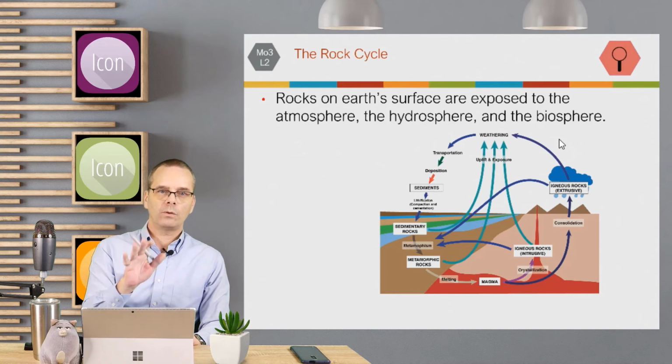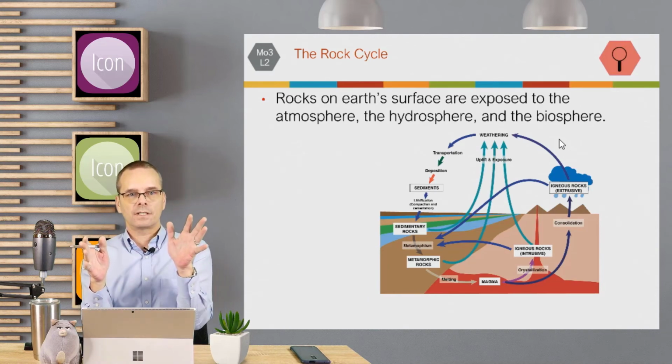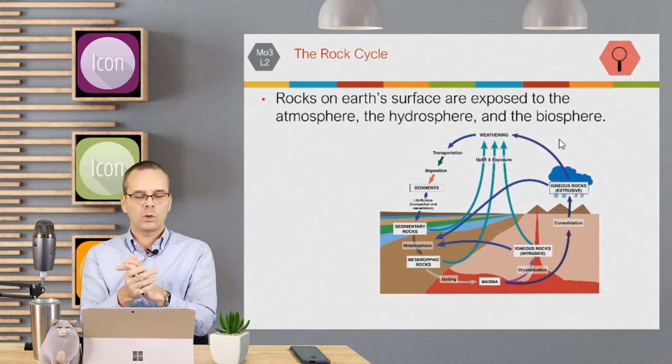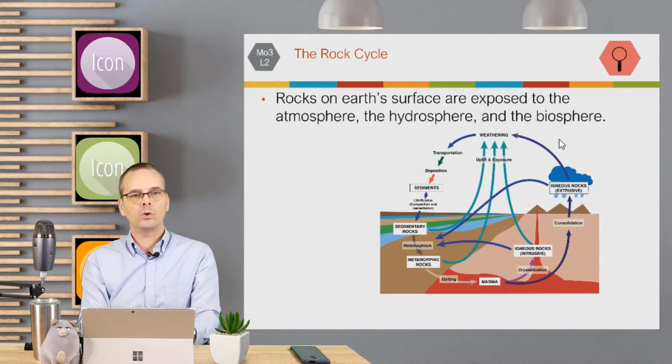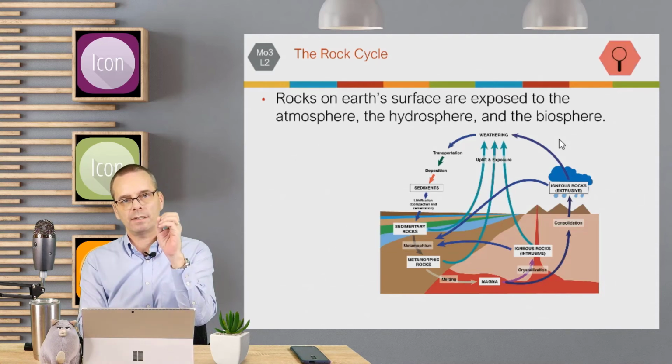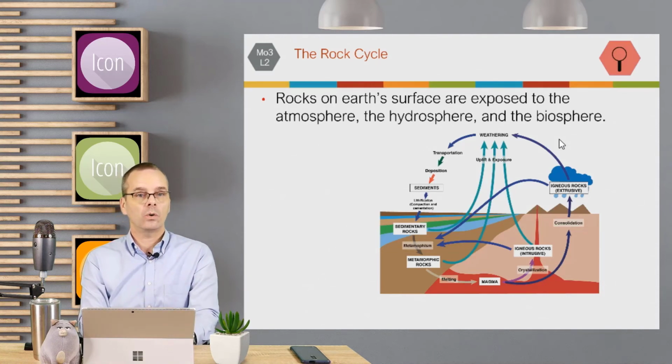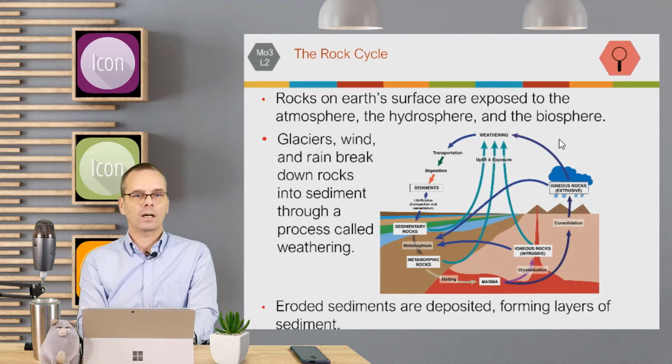Now, remember that once that rock hits the Earth's surface, it can be exposed to the atmosphere, the hydrosphere, and the biosphere, and it starts to break down. It starts to weather because of the wind, the sun, the rain, the snow. All of it affects the rocks.